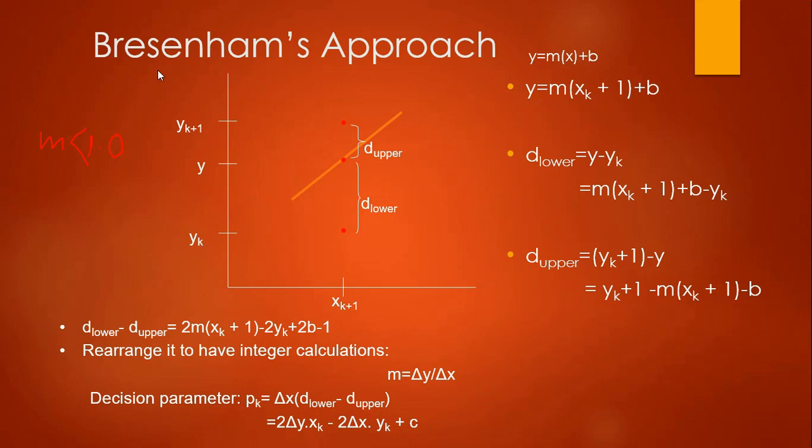The same line which I wrote on the previous slides, we are going to consider. The xk yk position already has one pixel drawn. Now, what about the next pixel? That we have to decide.